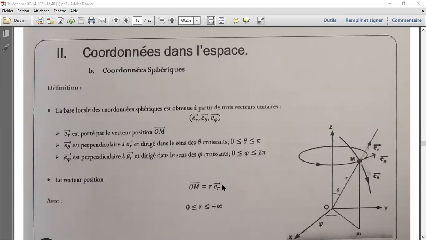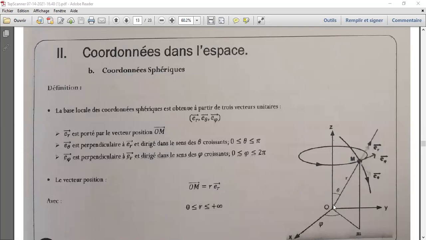And they are saying here that the vector position OM is equal to R ER, and I've explained why they only use the radius, because these angles are always constant when a point is moving. For example, around this circle, you see that the radius OM is always the same when it's moving around the circle, which is lateral.